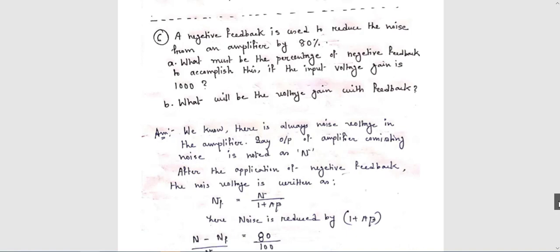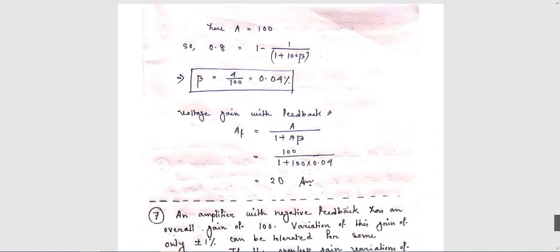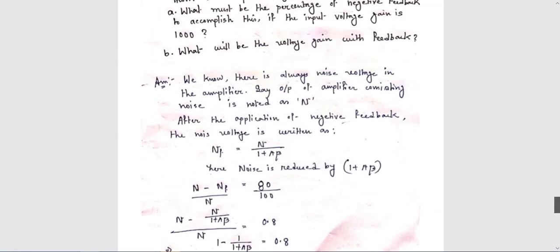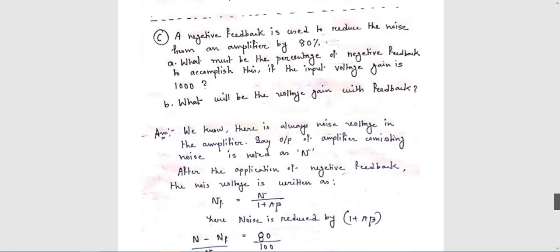To accomplish the voltage gain, see here, I think it will be A is equal to 100. This is not 1000, it will be 100. So just neglect the extra 0. This is 100, not 1000.